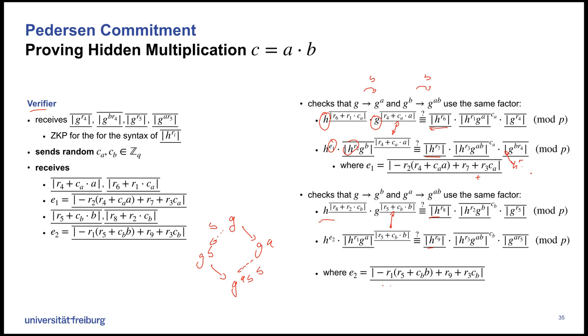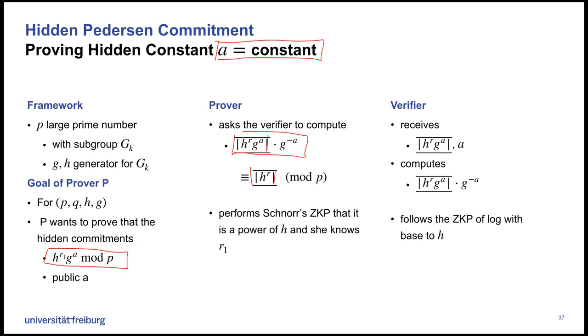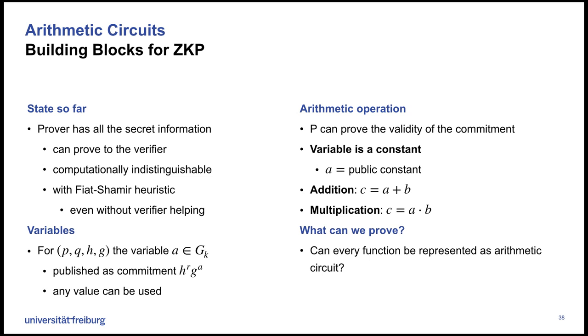Okay. Now, if you have done all of this, we can use the following operations. We can choose that a variable is a constant, we can do addition, and we can do multiplication. So these are kind of operations.